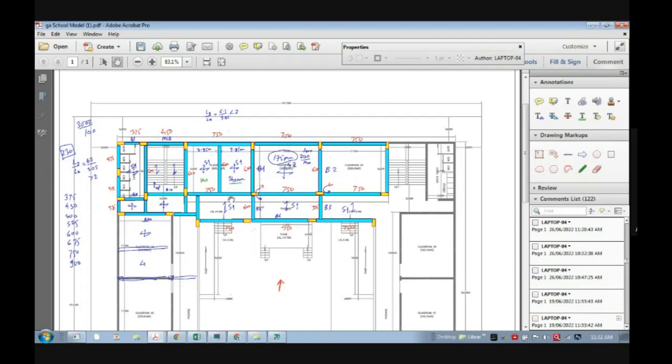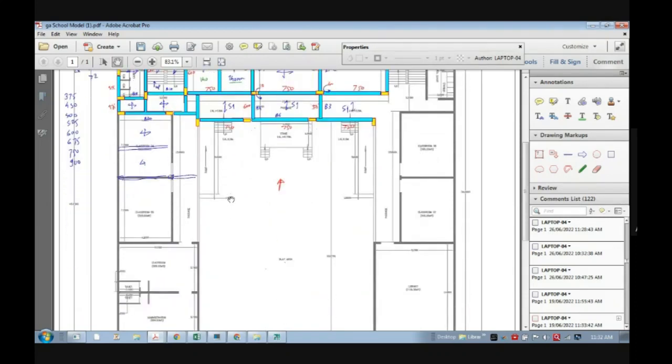So see, I can design any structure. Let's say अभी ये मुझे करना है ना, तो यहाँ मैं ऐसे भी कर सकता हूँ.